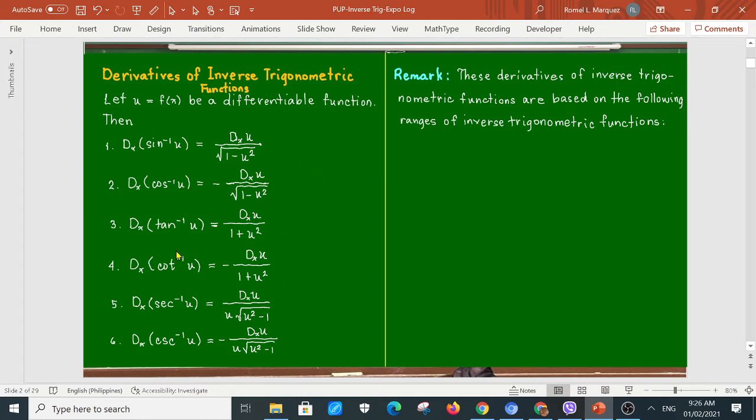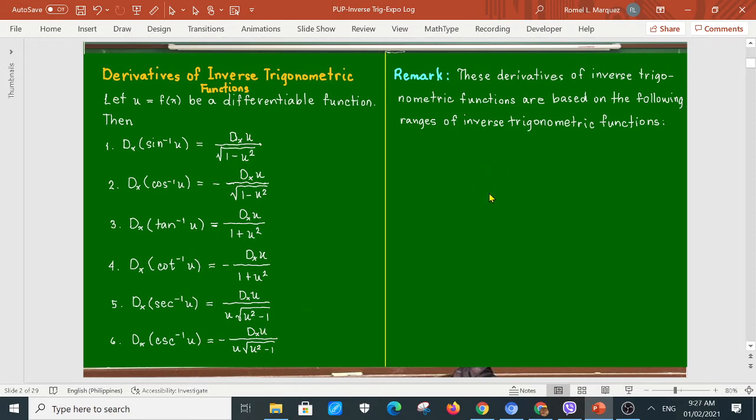So, you have to remember these formulas. Now, these inverse trigonometric functions, inverse sine, inverse cosine, inverse tangent, inverse cotangent, inverse secant, inverse cosecant, are also called arc sine, arc cosine, arc tangent, arc cotangent, arc secant, and arc cosecant respectively.